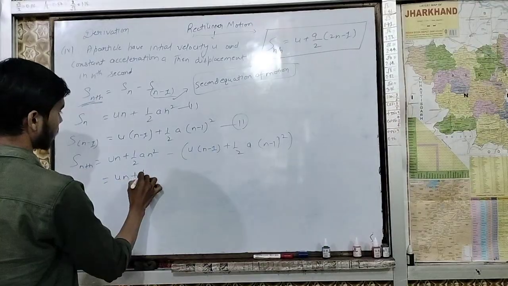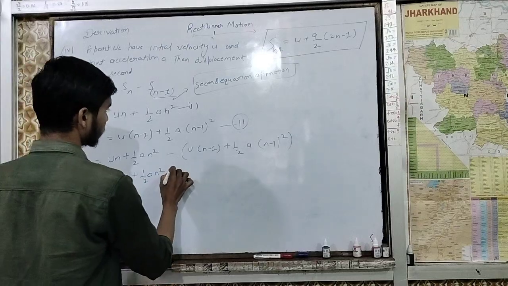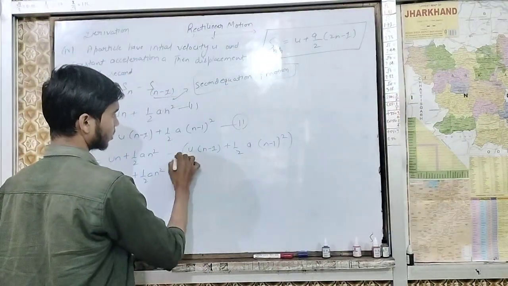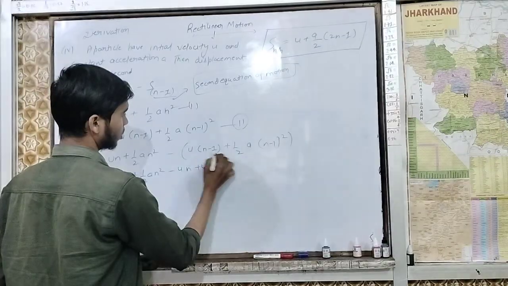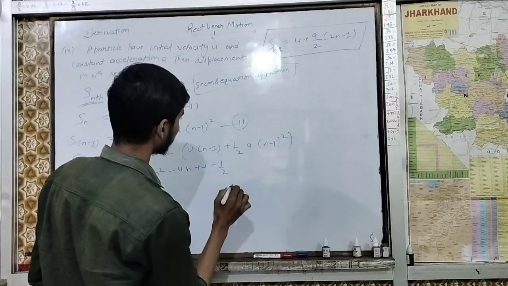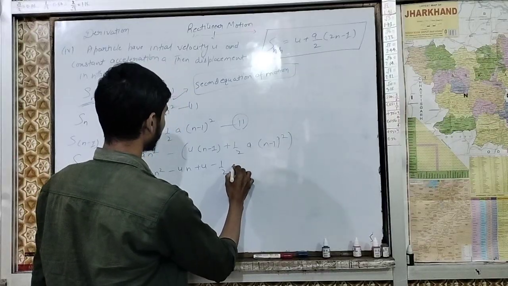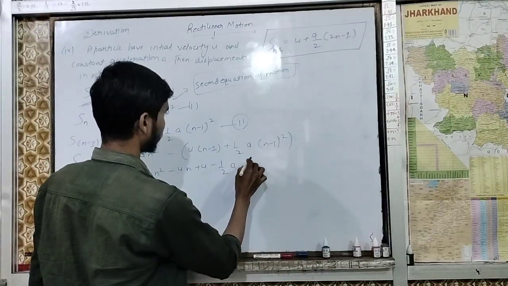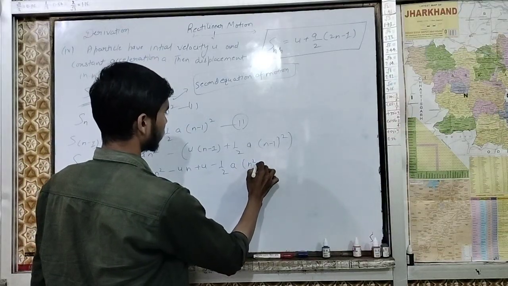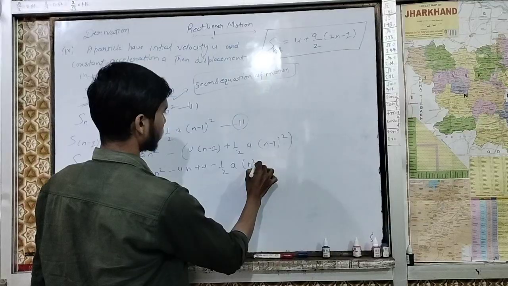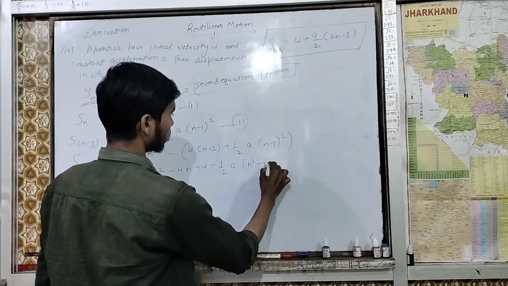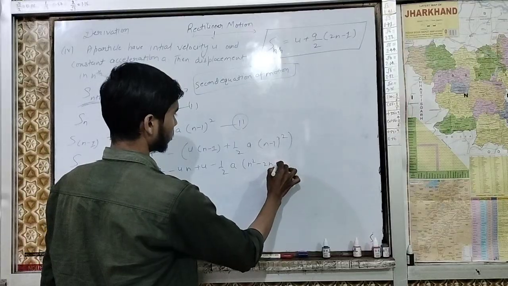So un plus half a n square minus un plus u minus half a, and here it is n square minus (n square minus 2n plus 1).